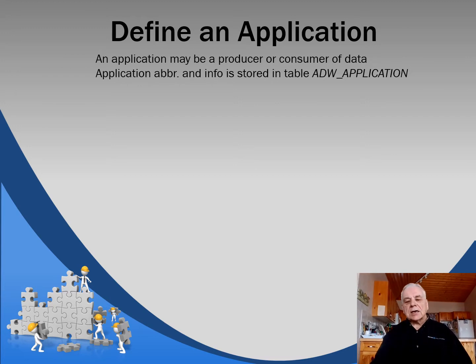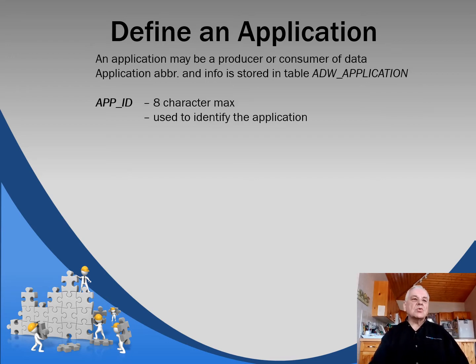So let's take a look and review. First, define an application. An application itself can be a producer or consumer of data. Application abbreviations and information are stored in the ADW application table. Okay, so this is what this table looks like.